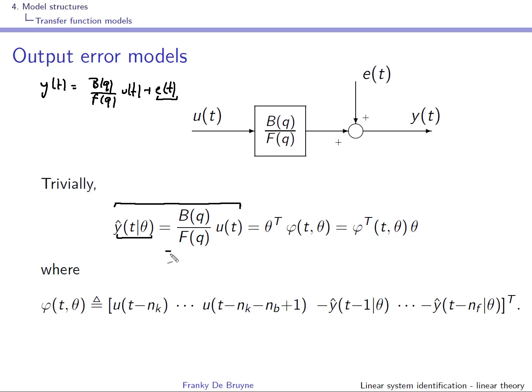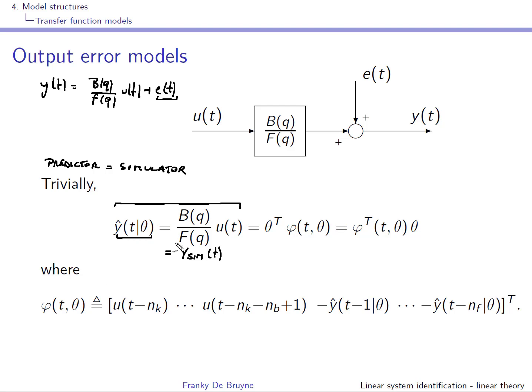So the one step ahead prediction is really the simulated output, right? So there is no difference for an output error model structure between predictor and simulator. So predictor is equal to simulator, and this means that since we are doing prediction error identification, we are trying to minimize the prediction error.